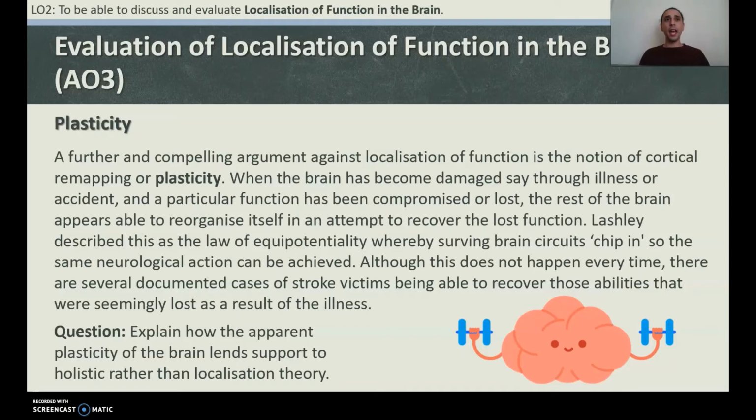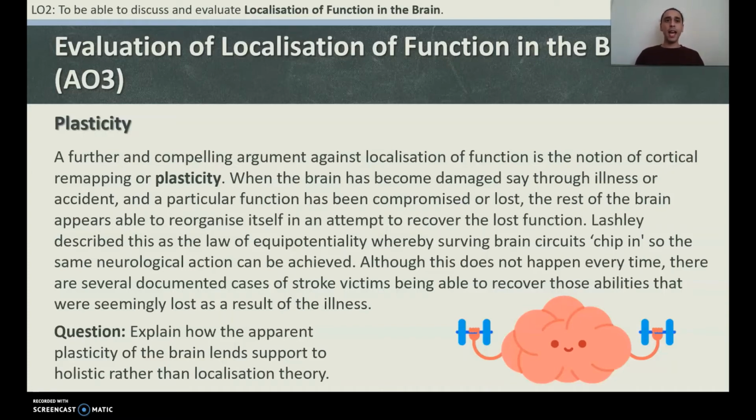Plasticity. A further and compelling argument against localization of function is the notion of cortical remapping or plasticity. When the brain has become damaged, say through illness or accident, and a particular function had been compromised or lost, the rest of the brain appeared to be able to reorganize itself in an attempt to recover the loss of function.